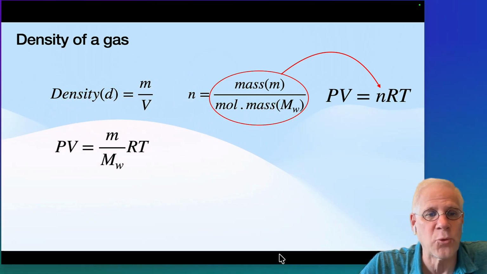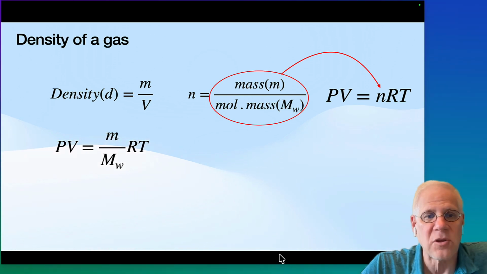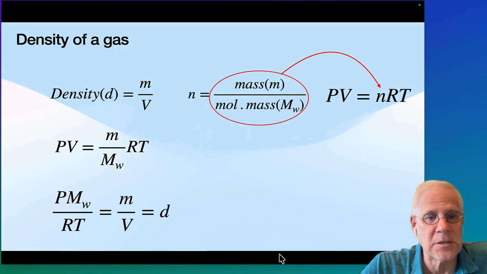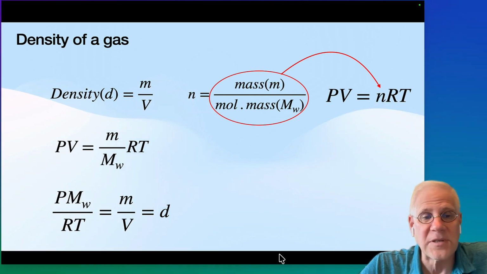And so if we rearrange this equation so that we have m over V on one side of the equation and all the other variables on the other side, we can get an expression for density. And so that we have density is equal to mass over volume. So it's equal to pressure times the molar mass divided by RT. And now we have an expression for density for an ideal gas.